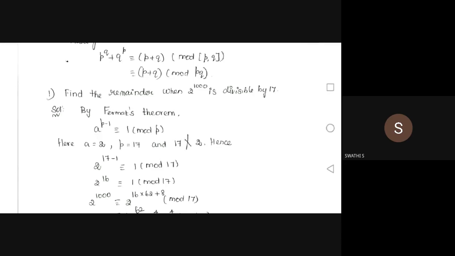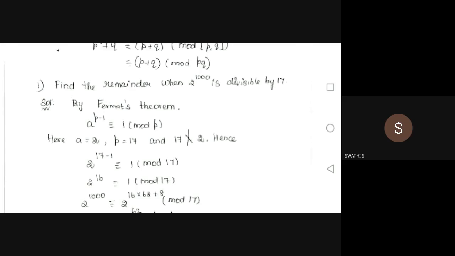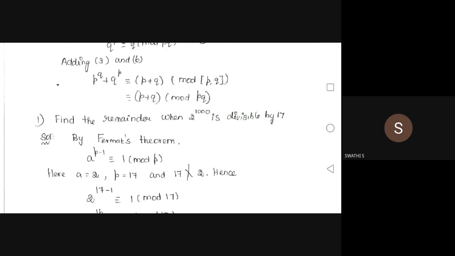So by Fermat's little theorem, A power P minus 1 is congruent to 1 mod P. Here A is equal to 2, P is the divisor 17, and the condition for Fermat's little theorem is that 17 does not divide 2.